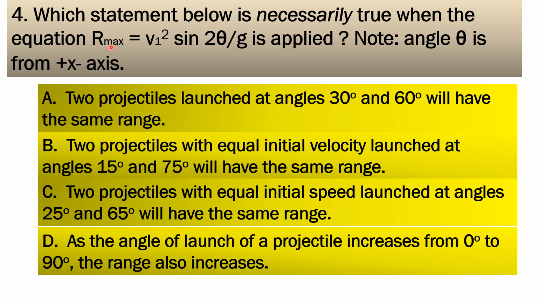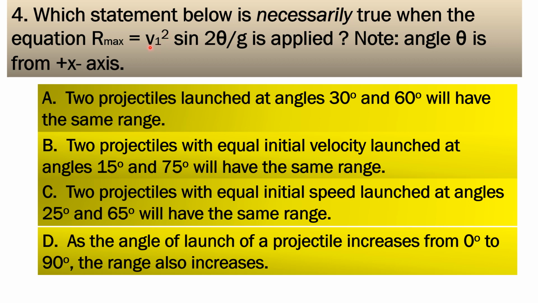The R max is the horizontal distance acquired by a projectile when the projectile is launched at a certain angle above the x-axis, or above the horizontal, labeled theta. V initial is the actual initial velocity, then you square it.